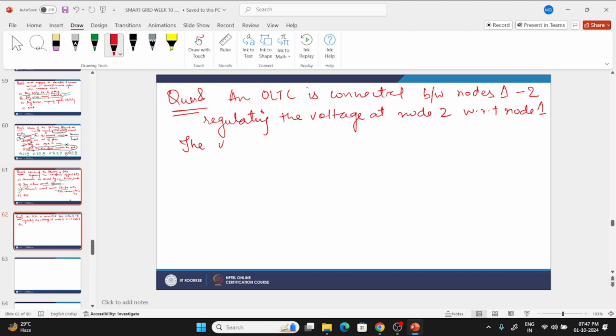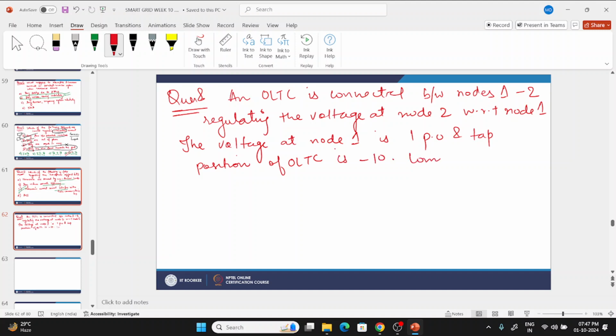The voltage at node 1 is 1 pu and the tap position of OLTC is -10. So we have to compute the voltage at node 2.